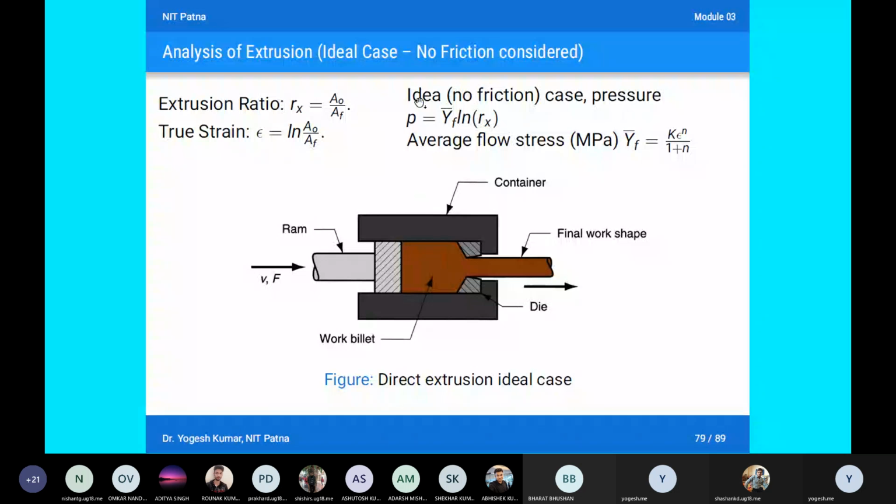This is how the calculation of pressure is done in the case of the direct extrusion process. It is noticeable that we are discussing the ideal case. Under the ideal case, this pressure is given as P equal to YF natural log of Rx.